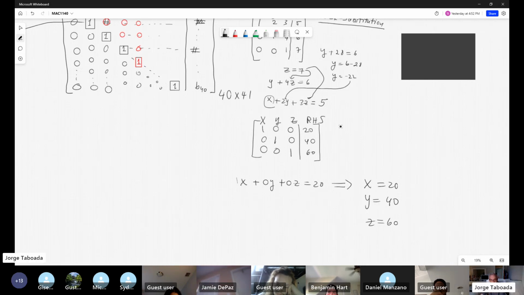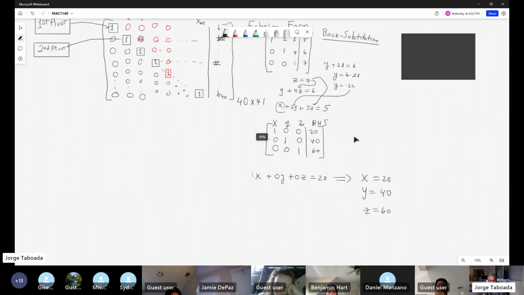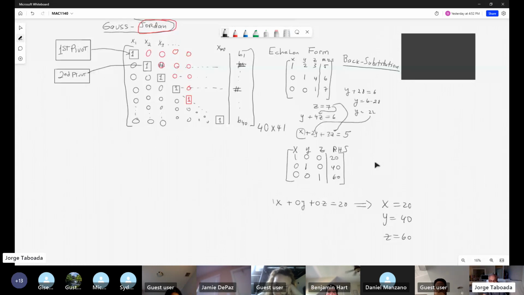So basically, I prefer Gauss-Jordan. Let me try to condense the information. The information is clear. You have an original matrix, it's given. You somehow create your own pivot. The pivot must be 1. And that position, by the way, guys, is the principal or main diagonal.